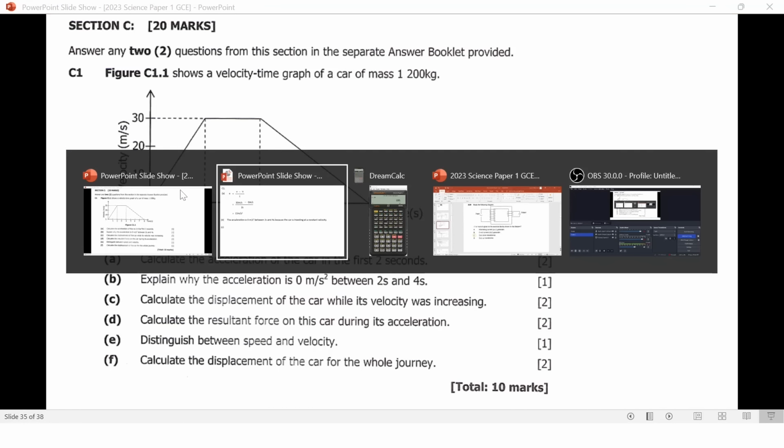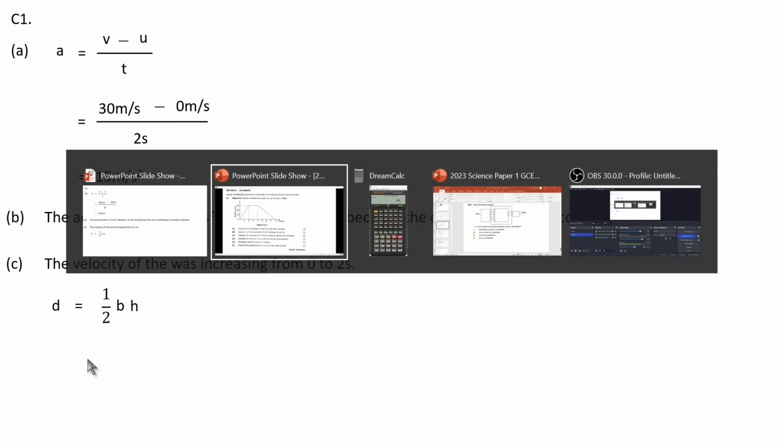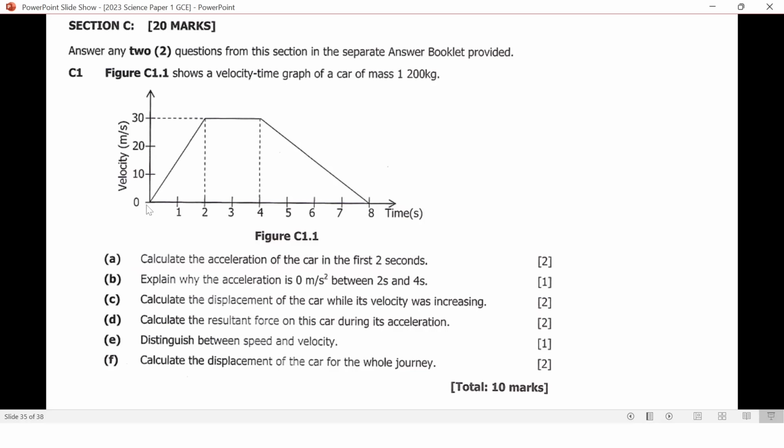Now the formula for the area of the triangle, which is equal to the distance or displacement, is half base times height. The base is from here to here, 2, and the height is from here to here, which is 30.